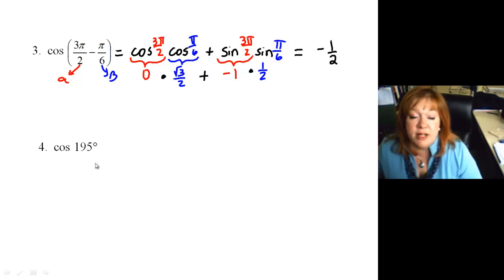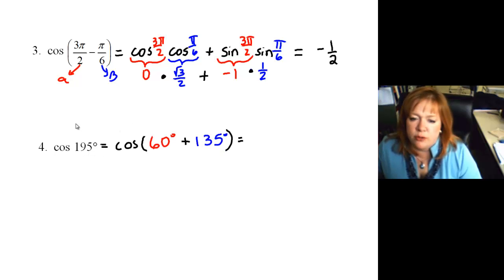Alright, cosine of 195. This one, when you have to evaluate these, you have to pick special angles. So you have to kind of think, which angles would add up to 195 that I know the exact sine cosine for. And you have more than one possibility.